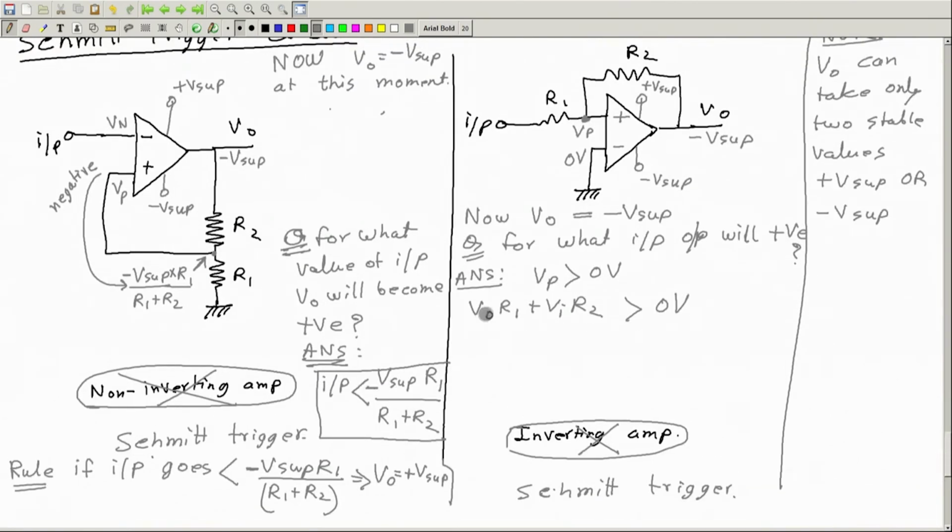And at this moment Vo is equal to minus V supply. So, from this I can write (V minus V supply) R1 by R2 is greater than 0, this is the condition. Okay. So, this is the boundary condition.